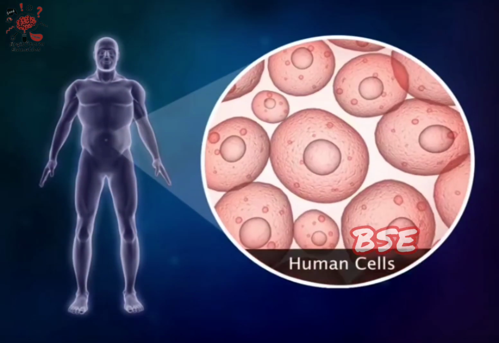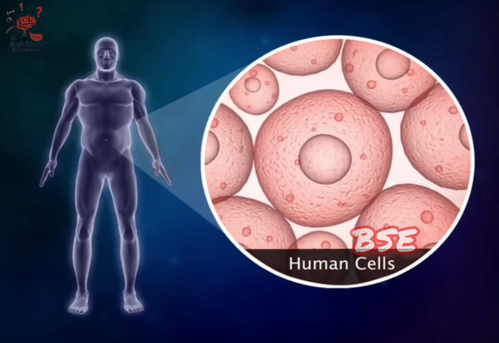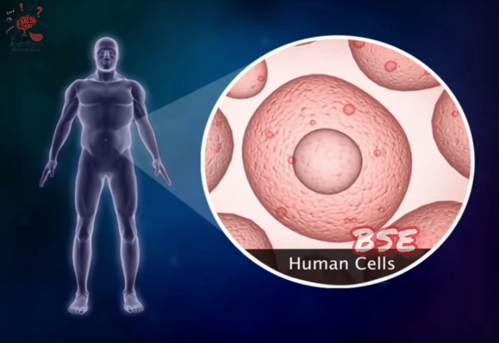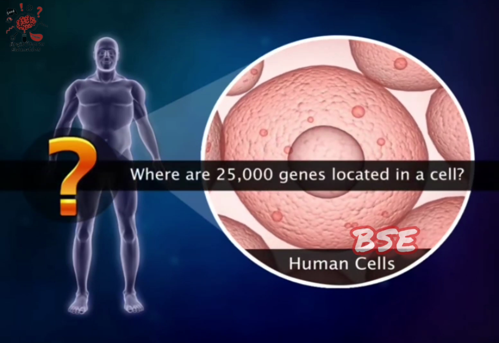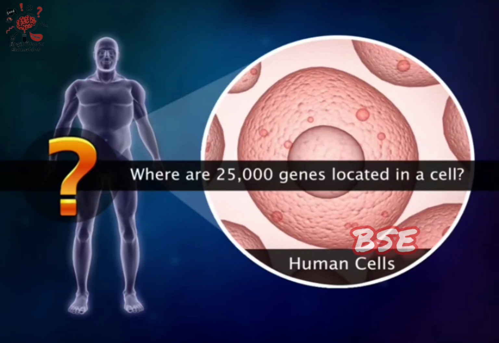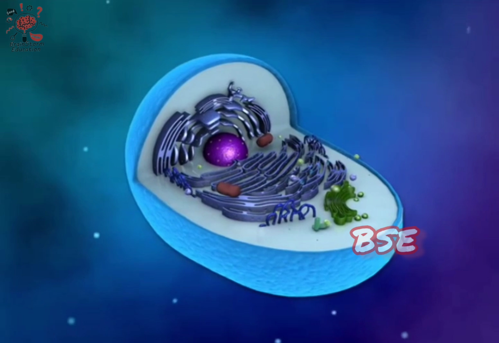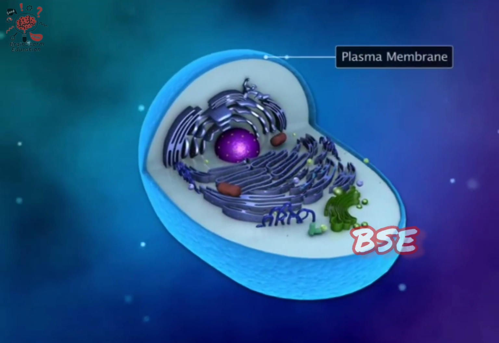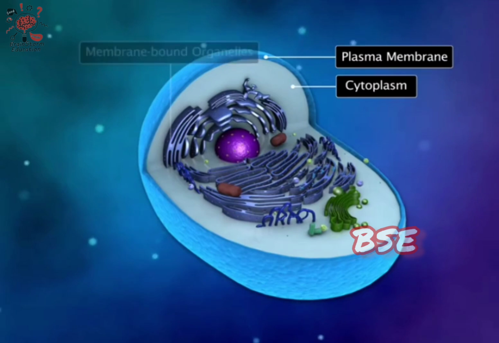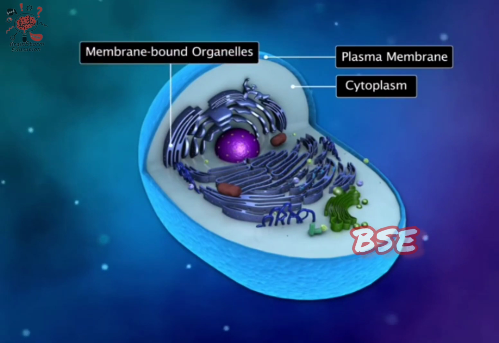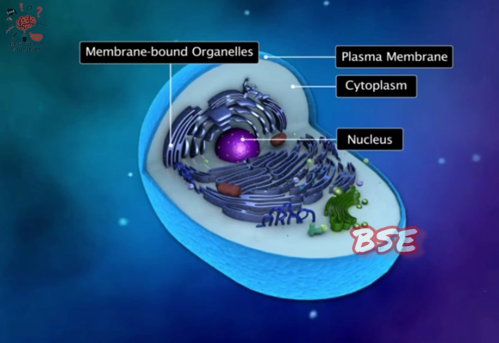The human body is made up of trillions of cells. To understand where these 25,000 genes are located, let's enter a cell. As we cross the outermost living plasma membrane and enter the cytoplasm, we can see many membrane-bound structures. In the center is a large spherical structure, the nucleus.